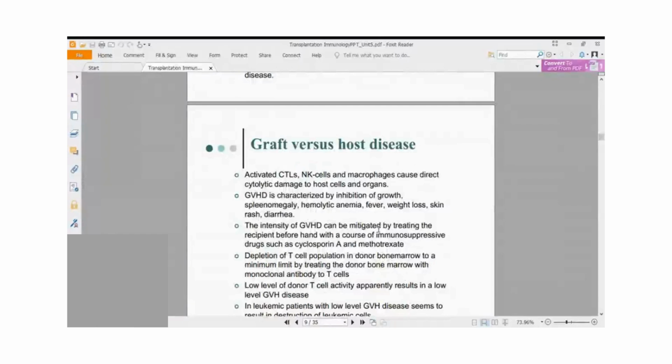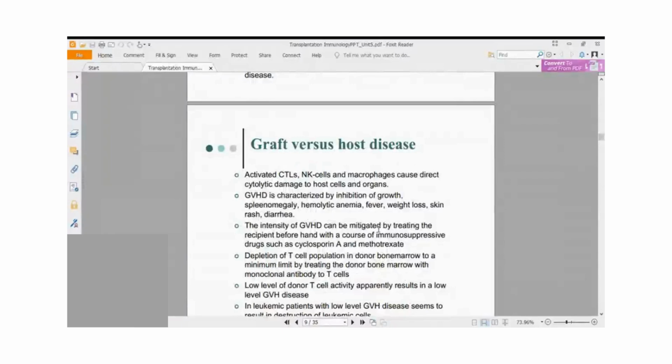And the host is going through immunosuppressive drug treatment, that is cyclosporin A and methotrexate. Low T cell activity in the bone marrow will keep the GVH reaction, that is graft versus host reaction, at a minimum level.